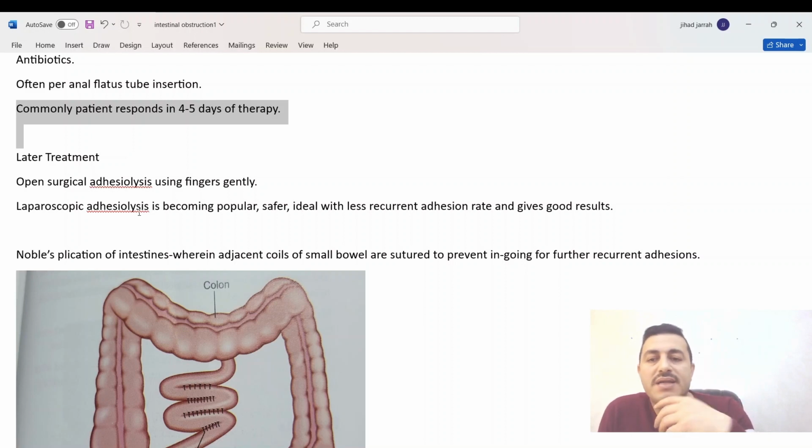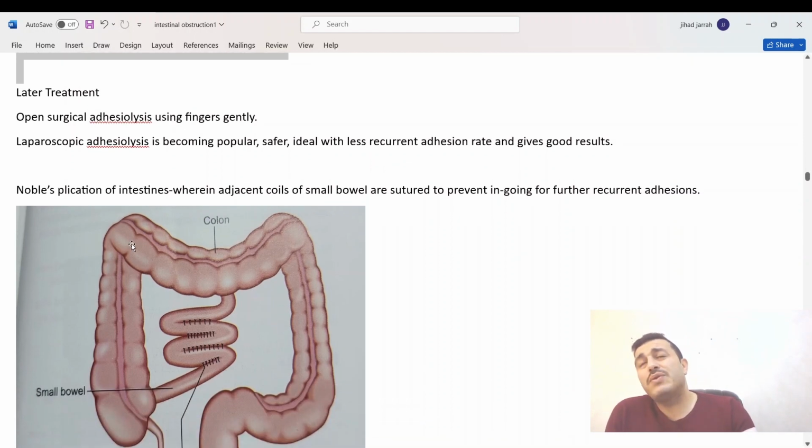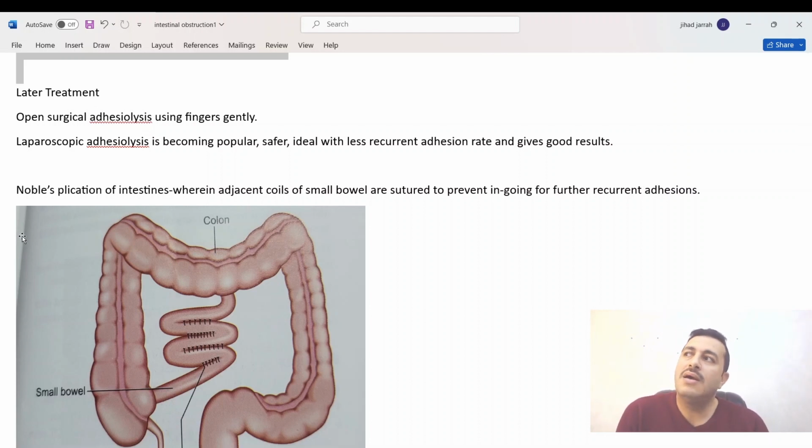Many laparoscopic adhesiolysis can be converted to open. Some operations, I'm not sure of their benefit. I didn't review the literature or studies about them, but they are written in many literatures as surgeries to prevent recurrent severe adhesion in the small bowel.